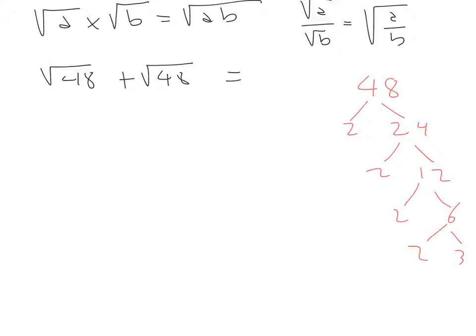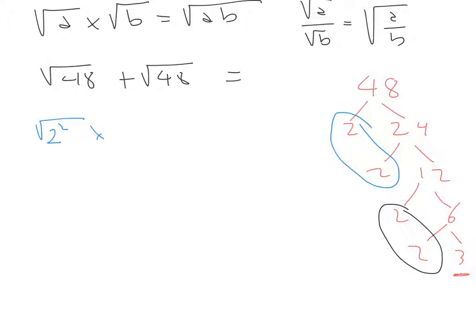So you see, now we have one square there and another square there, plus we have the 3. If we rewrite this, we can write the square in blue like square root of 2 squared, times the square in black, that is square root of 2 squared, times the remaining square root of 3.